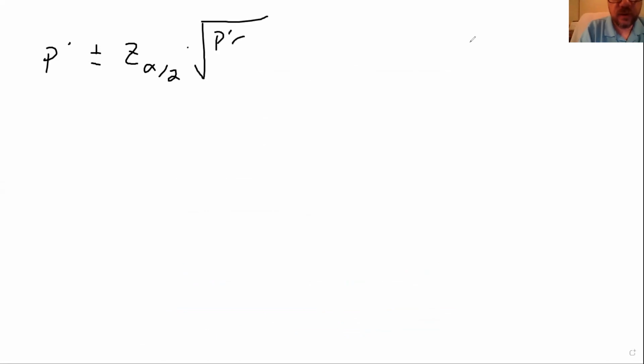But now the point estimate is little p prime, plus or minus the critical value, which is back to z alpha over 2 because these are normal distributions, times the standard error, which is, we're going to use this as our estimate of that. So in general, what you're going to do is find this number first and then put it all into the formula. So let's do that.